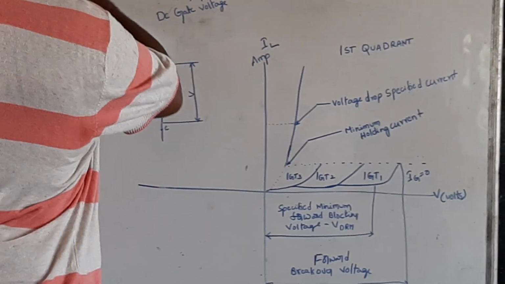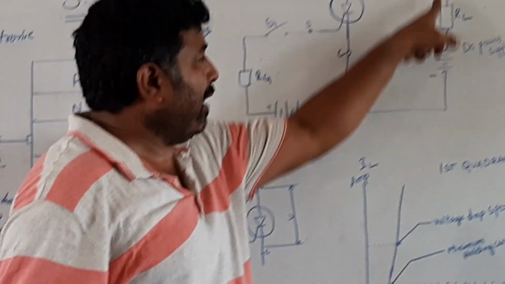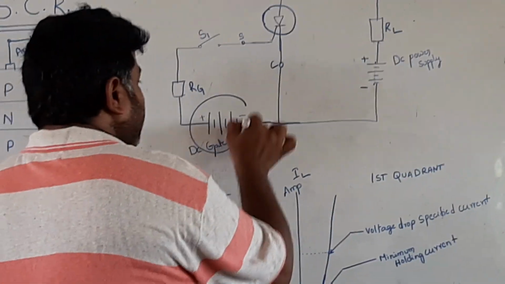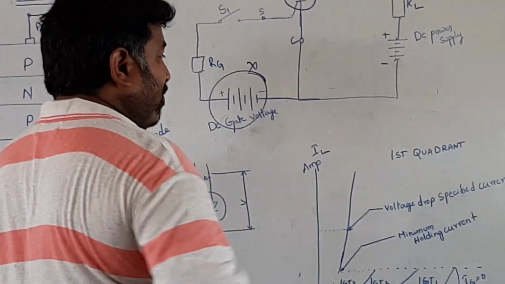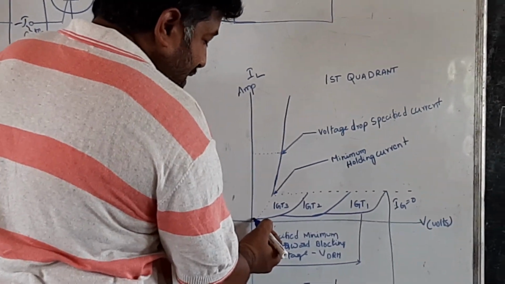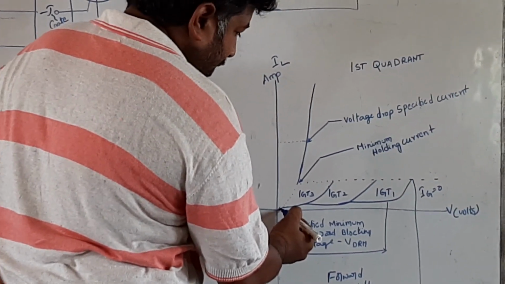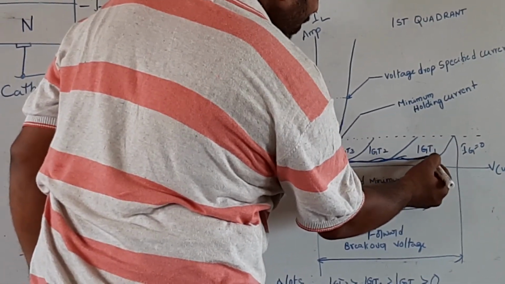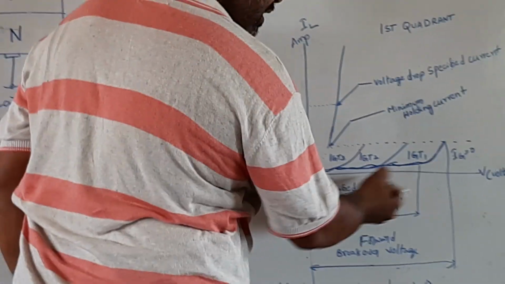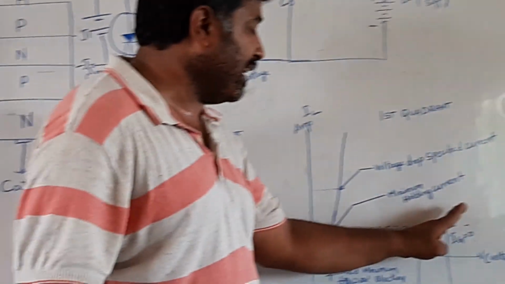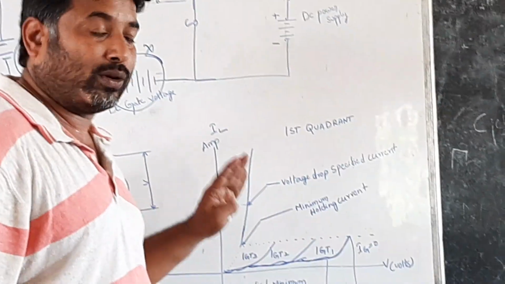By applying forward voltage, anode to battery's positive and cathode to battery's negative terminal, in forward blocking mode, on application of voltage, the current increases only to very low levels, up to this point. There is no progressive current in forward blocking mode.